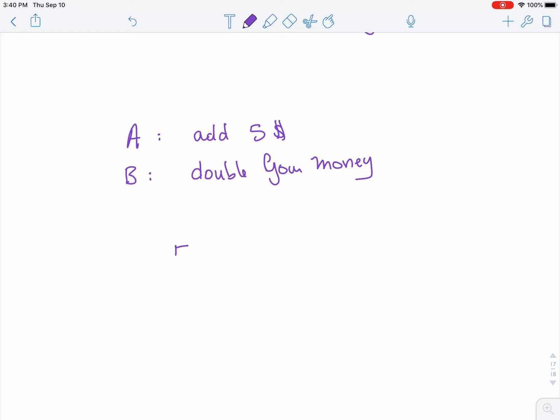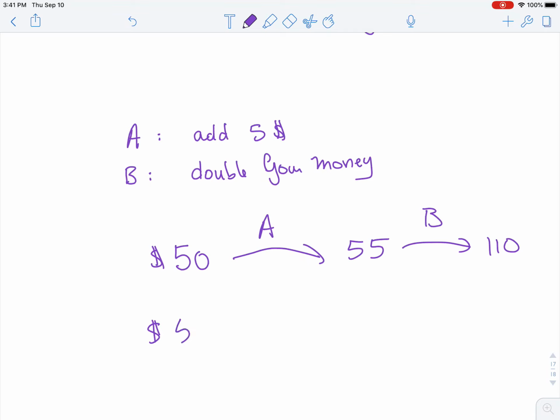And so let's say you start with $50. If first you hit the A button, you'd go to 55, and then you hit the B button, you would go to $110.